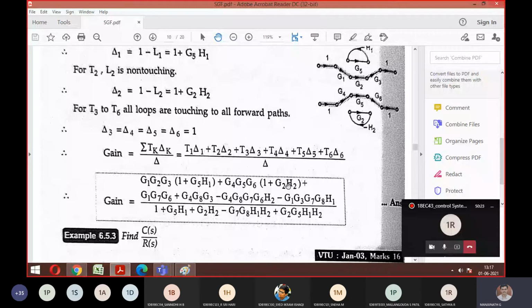Any doubts, guys? Any doubts, anyone? Are you able to understand the signal flow graph problem? How to get the Mason's gain formula? So this will fetch you 14 to 16 marks.